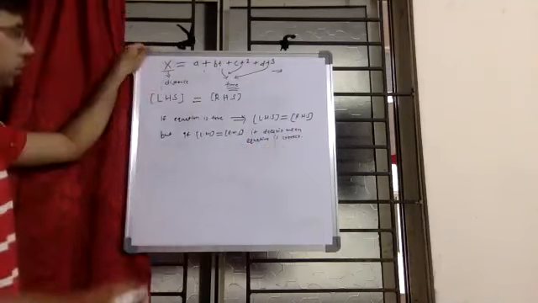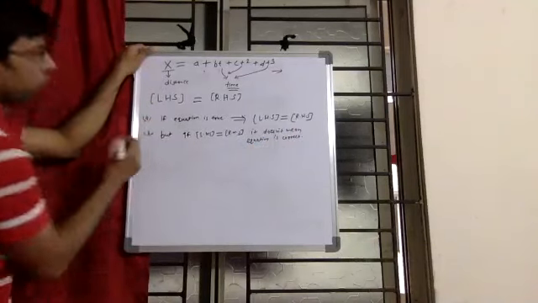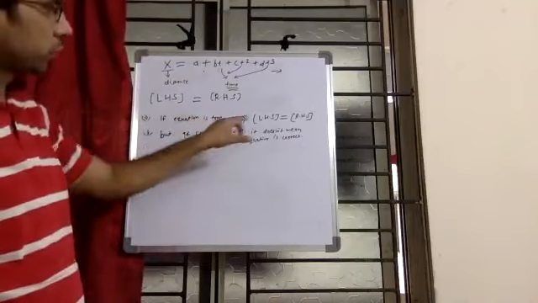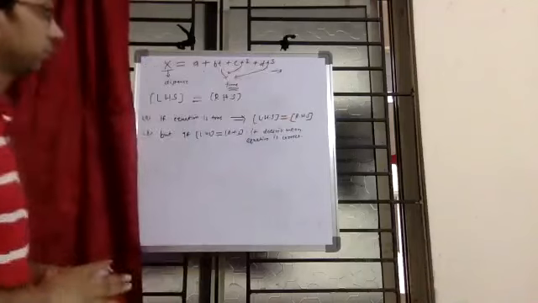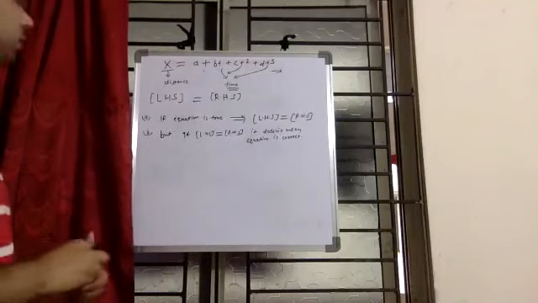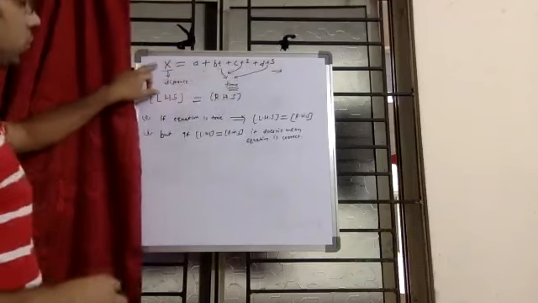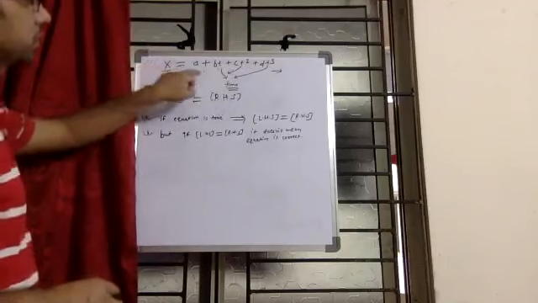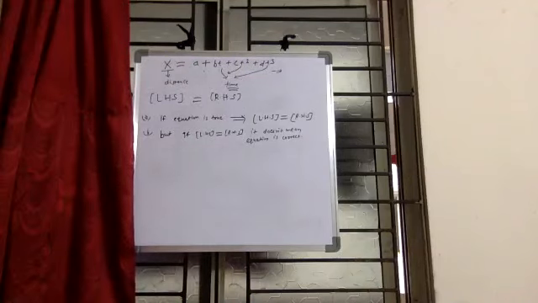We will try to validate both these things. So first of all, if equation is true, LHS equal to RHS. So we are assuming this equation is true. What will happen, because we have written the equation, the dimension of X will be same as the dimension of the RHS, A plus BT plus CT square plus DT cube.